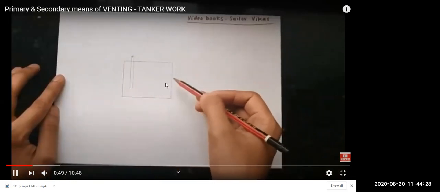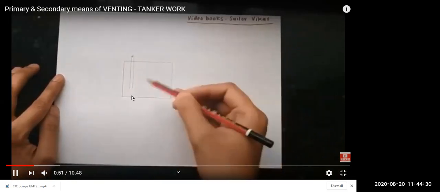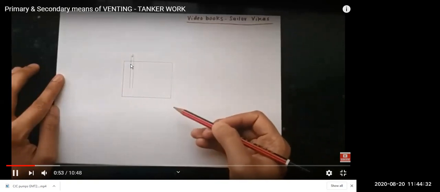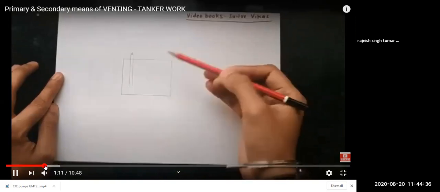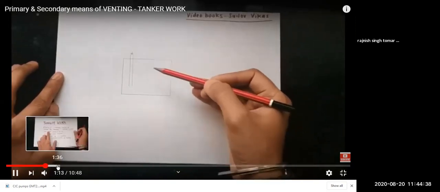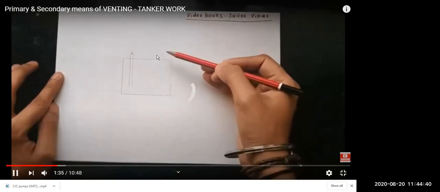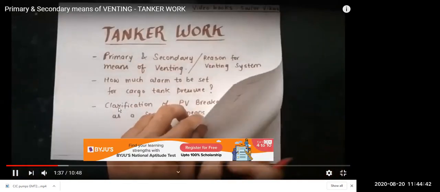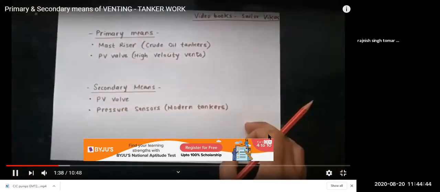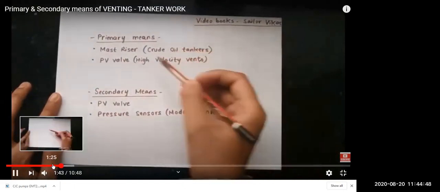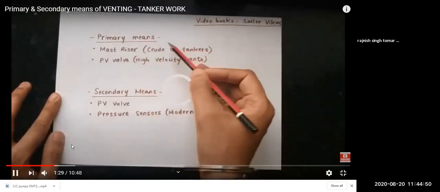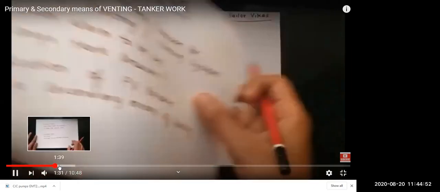So this is a tank you are loading, and then you will have a venting system. If you don't release the pressure, this tank will explode or rupture. So we have a venting system, that is PV valve. There are two means, primary means and secondary means.